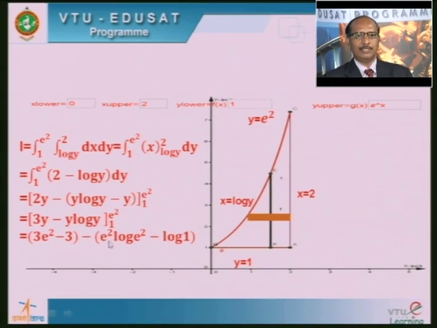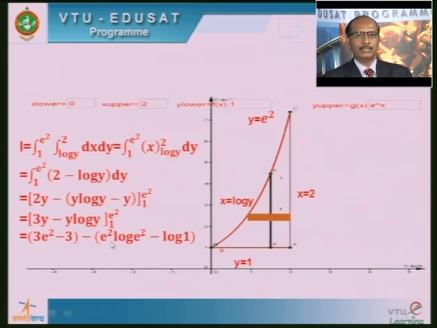What is the log of e square? Log and e are inverse functions. First you apply log then e, you get the same function, or first you apply e then log, again you get the same function. So log and e cancel, and log of e square becomes 2.